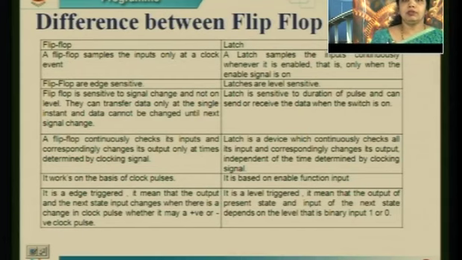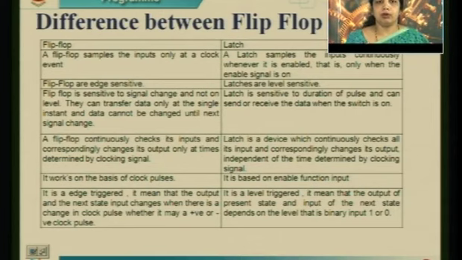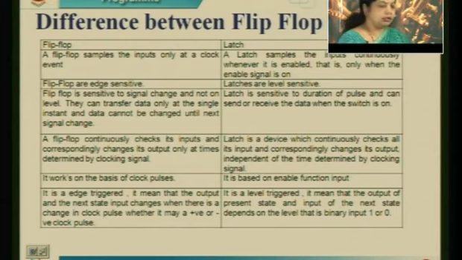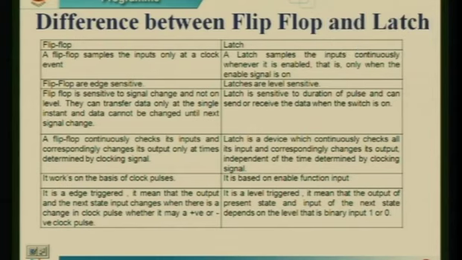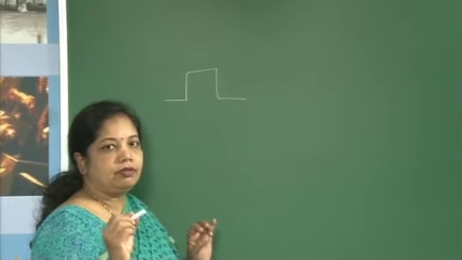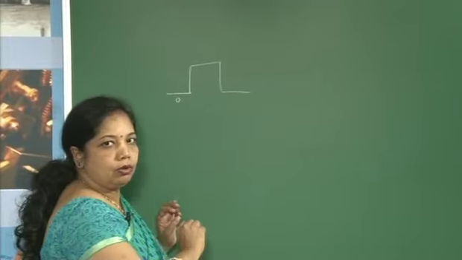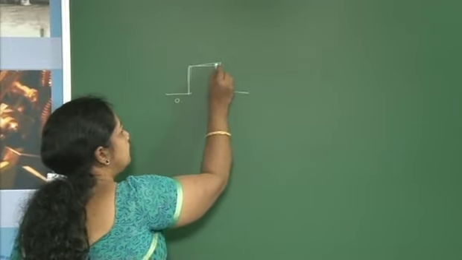So what is the difference between a flip-flop and a latch? A flip-flop samples the input only at the clock event. We are using something called a clock over here. So let me discuss what a clock is and what an enable signal is. Any signal, I represent low as 0 and high as 1.